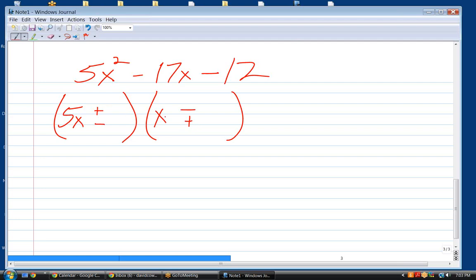It's either plus minus or minus plus. Now, we still need factors of 12, but we can't say that they have to subtract to 17 or add to 17 or anything. We just have to experiment a little bit.